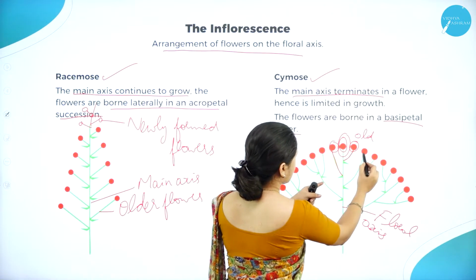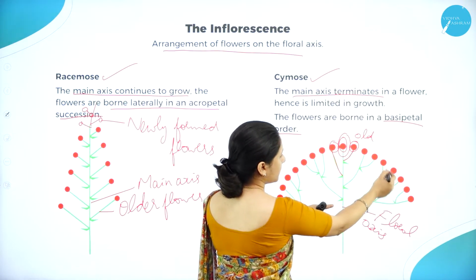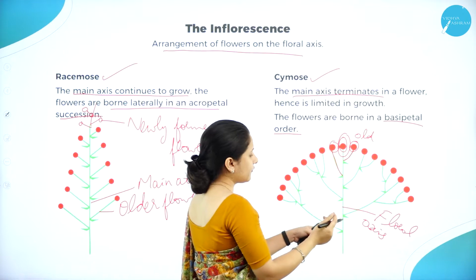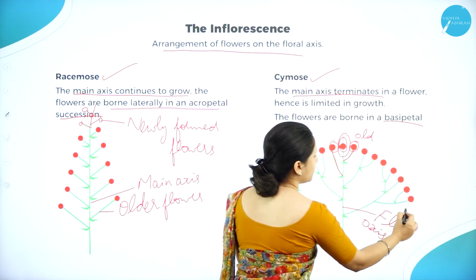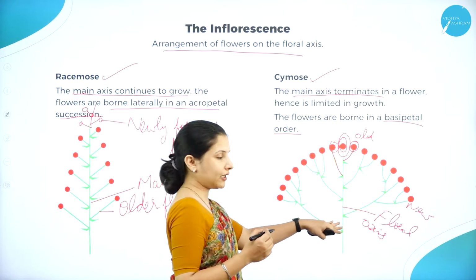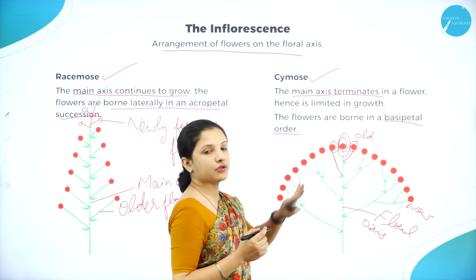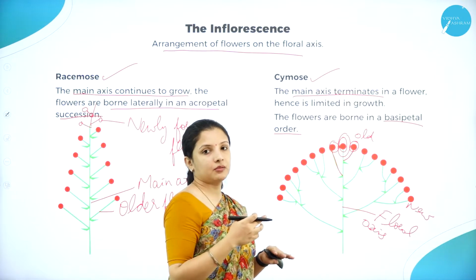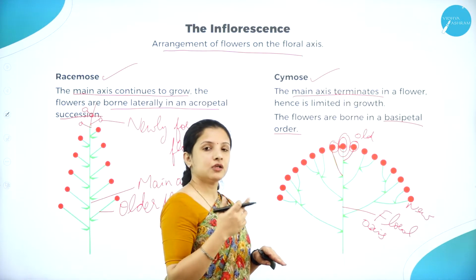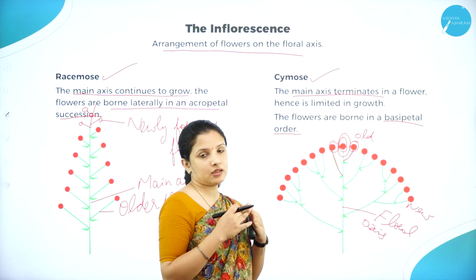But again here also new flowers will be formed and again one more new flower will start to form. So therefore at the lower end new flowers will be there. New flowers at the lower end or at the base of the main axis and the old flowers will be at the apical position or at the tip of the main axis. So therefore it is called basipetal arrangement.